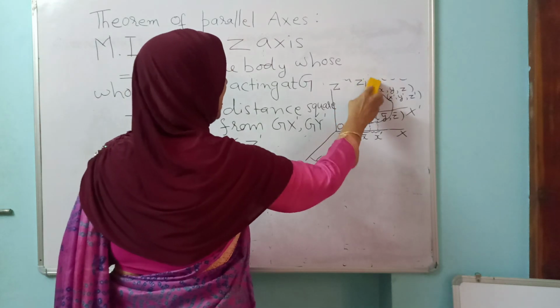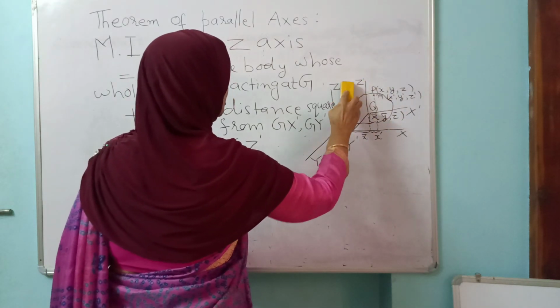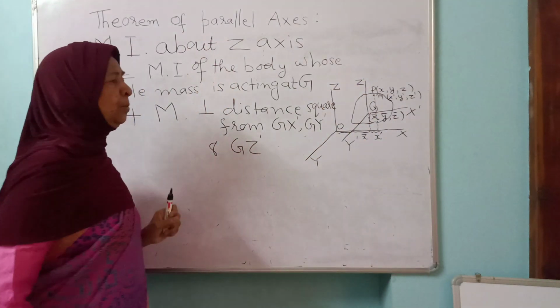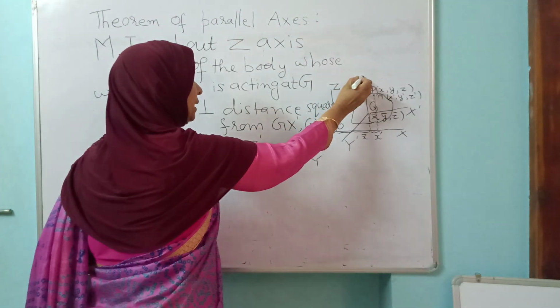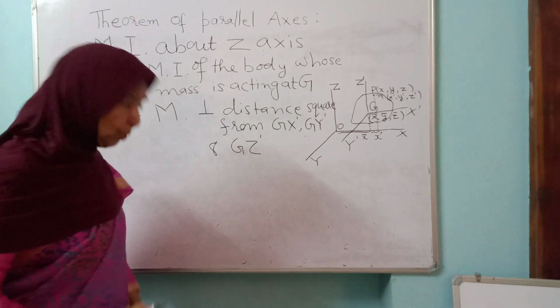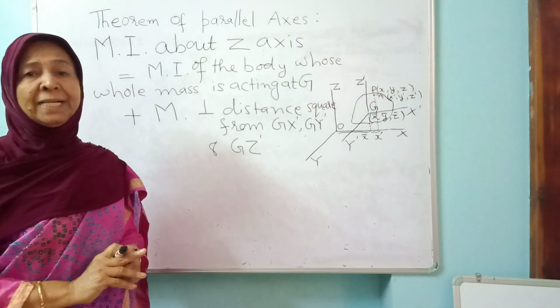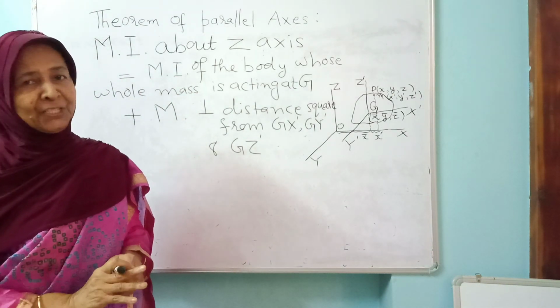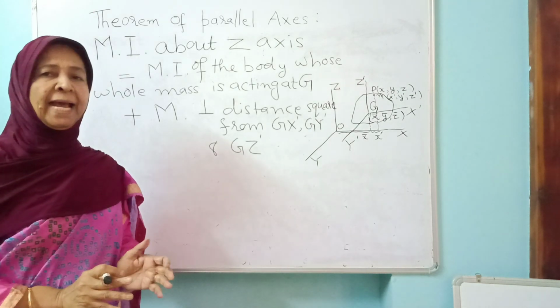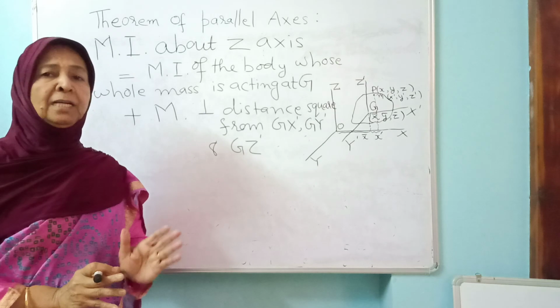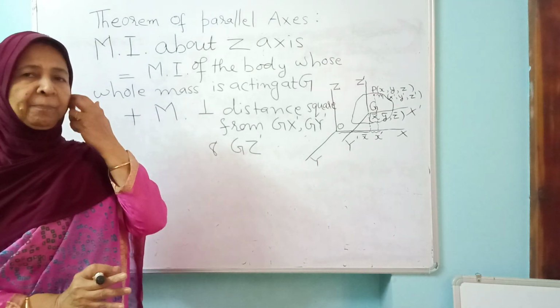So that is the least moment of inertia, and that is why it is quite easy to rotate a body about its center of inertia instead of about an axis which is parallel to it.